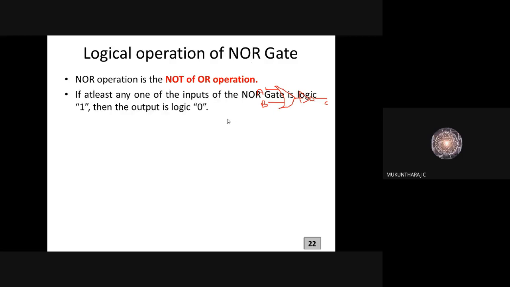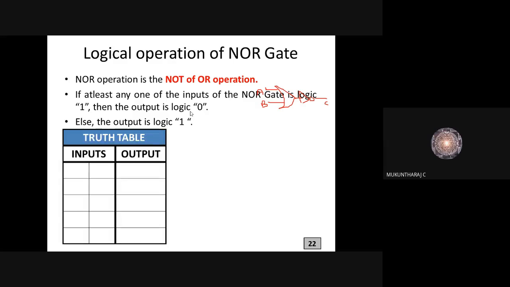In this gate, if at least any one of the inputs of the NOR gate is logic 1, then the output will be logic 0. Otherwise, the output goes to logic 1. From this table, you can observe the given statement.